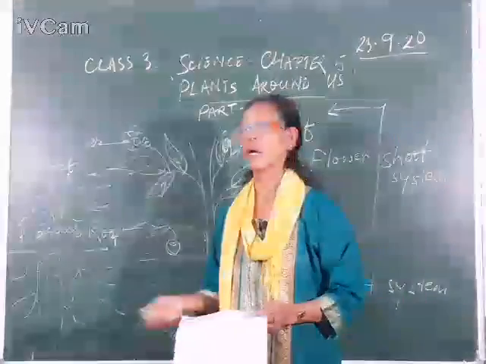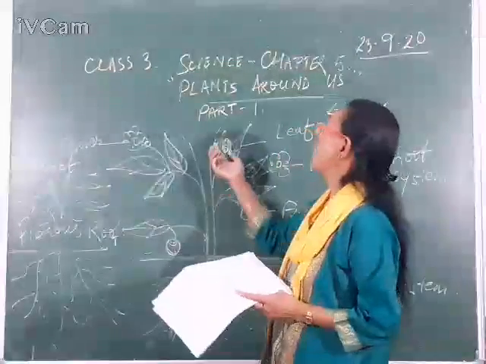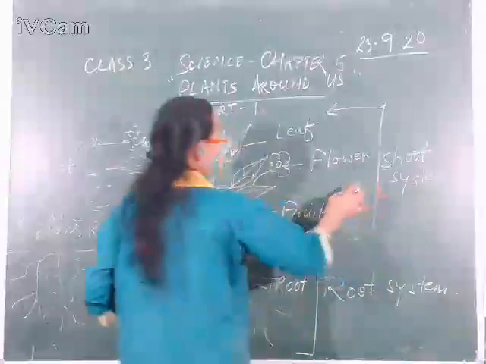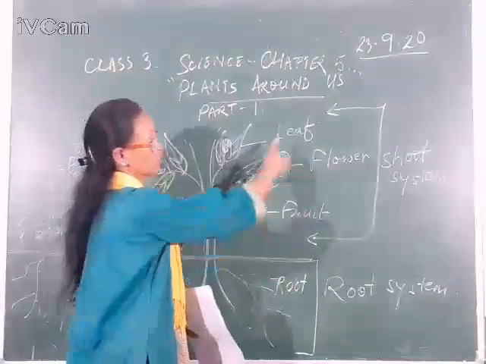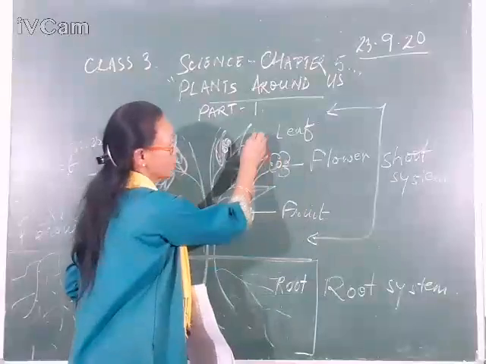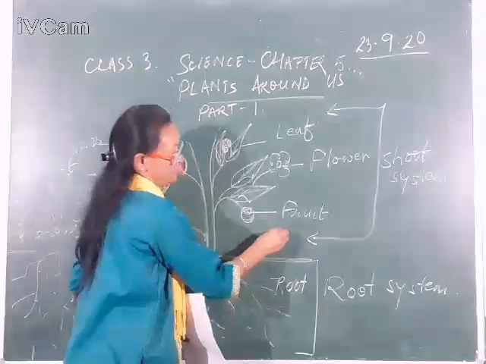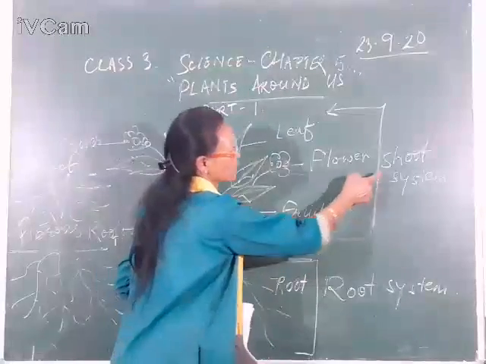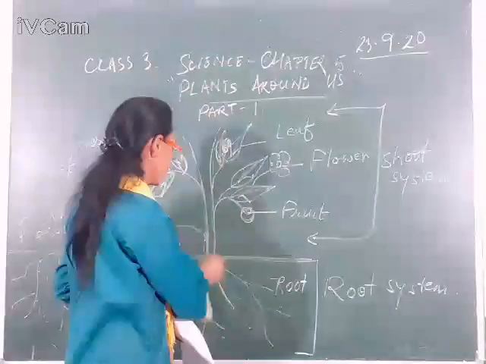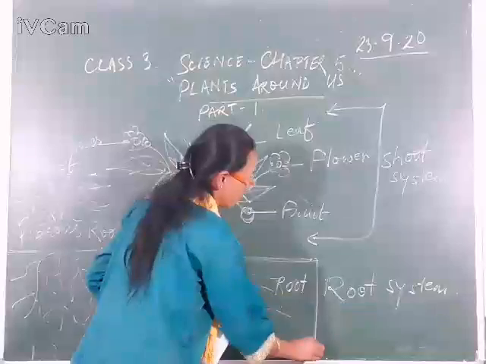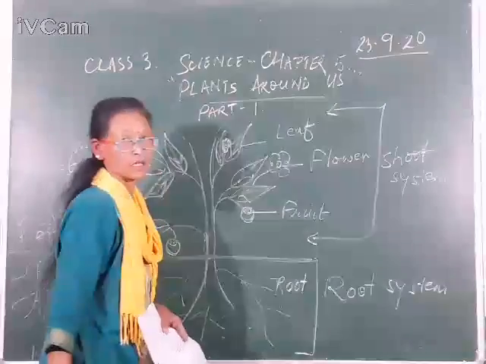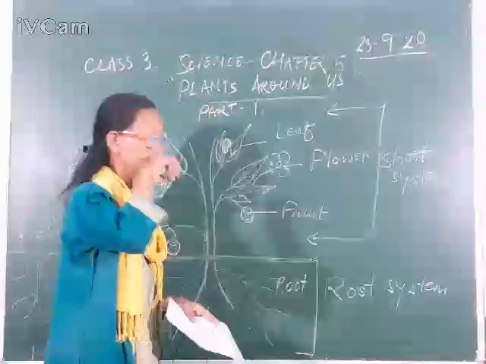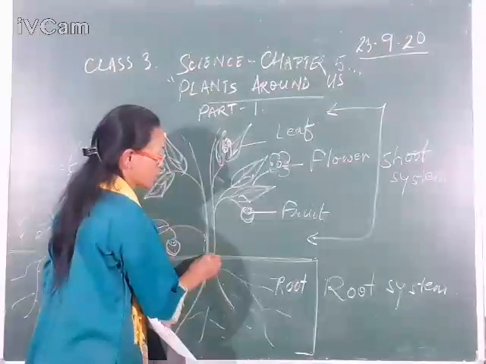So today we have learned about the parts of a plant, the shoot system, and in the shoot system we have leaf, flower and fruit. And the root system has roots under the ground, under the soil.